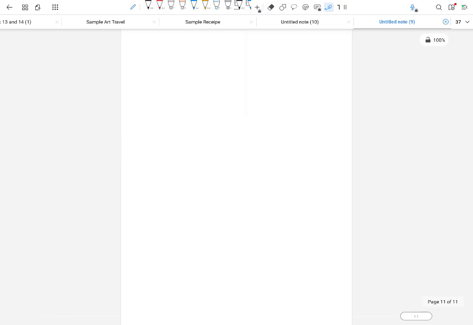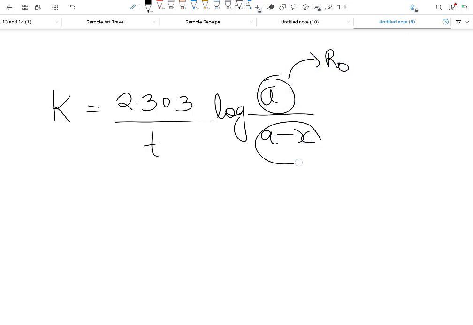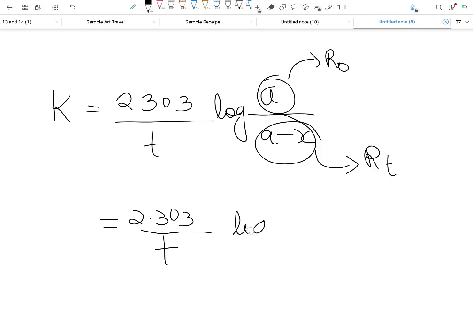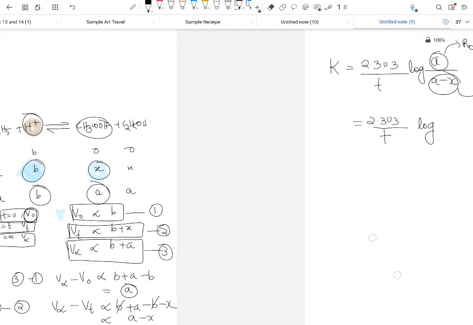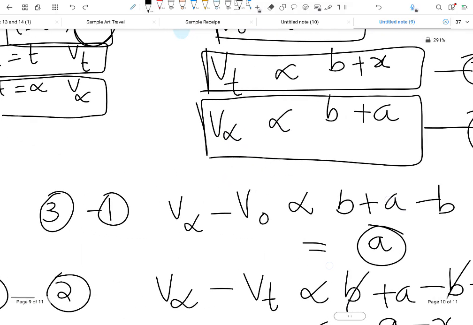So now I can say, what was the equation? K is equal to 2.303 by t log A by A minus X, where A is C0, the initial concentration of ester, and A minus X is the concentration at time t. So this will be equal to 2.303 divided by t log, A, what value did we get? A is directly proportional to V infinity minus V0. Why am I taking the directly proportional value for A?